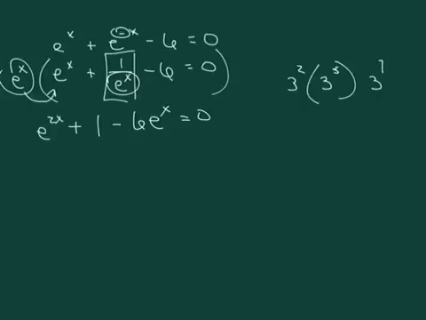Let's rewrite this with my x's close together. Now we can look at this as e to the 2x minus 6e to the x plus 1 equals 0. What I would suggest, and this is one thing you don't just naturally think about, is to make that e to the x into a u. Then we don't have to deal with the e to the x anymore.